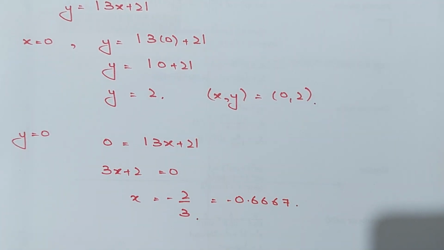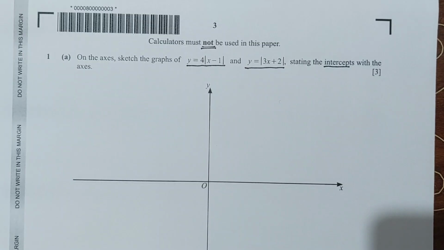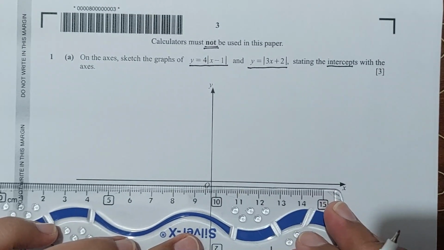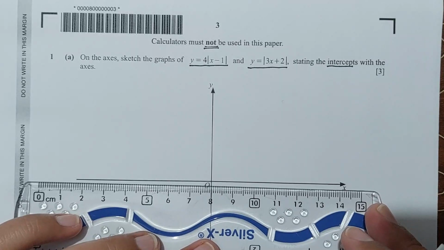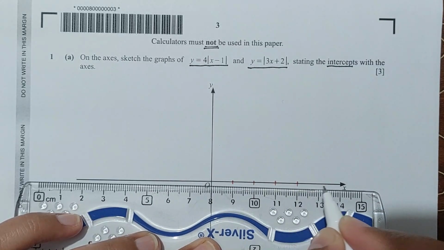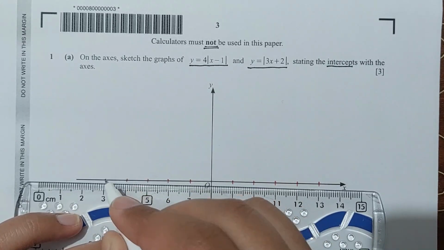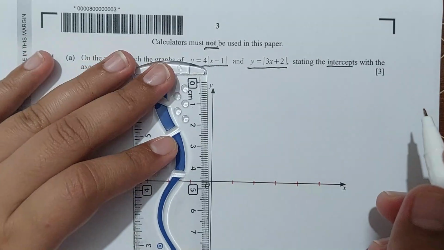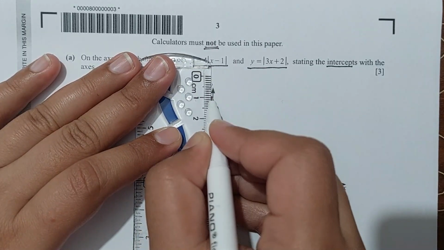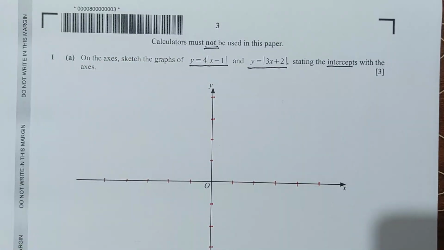Okay, so let me sketch the x and the y intercepts on the grid. If I can label the x and the y intercepts: 1, 2, 3, 4, 5, and on the other side 1, 2, 3, 4, negative 1, negative 2, negative 3 and negative 4.